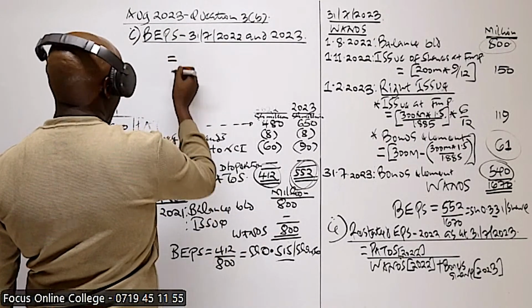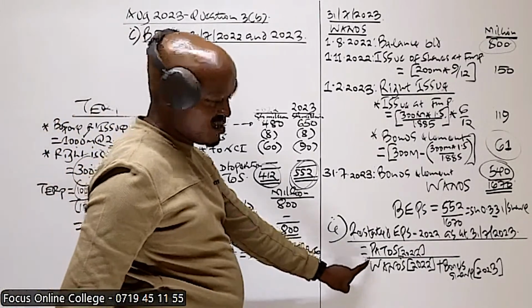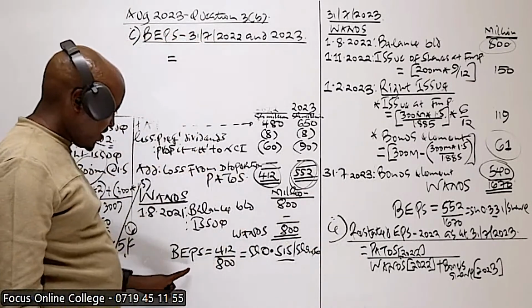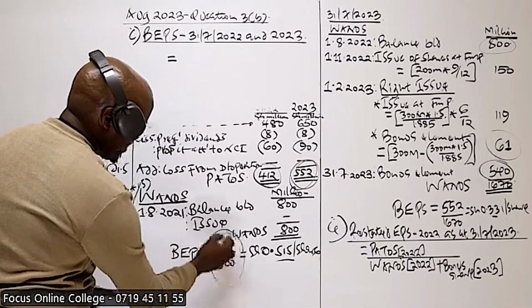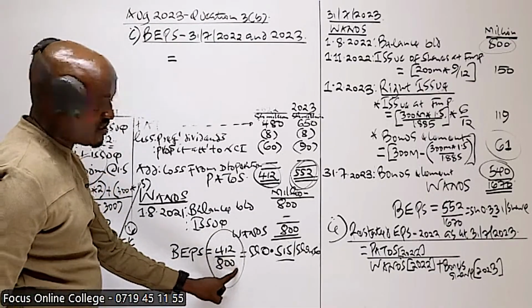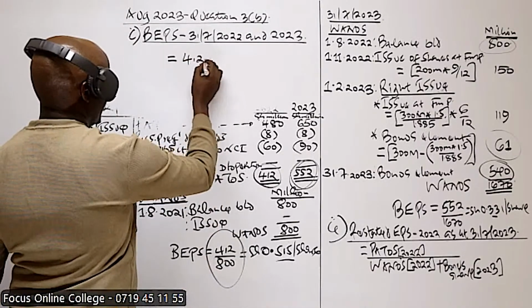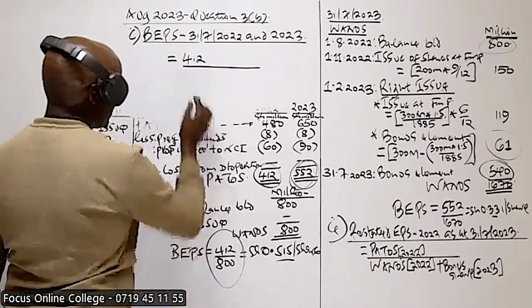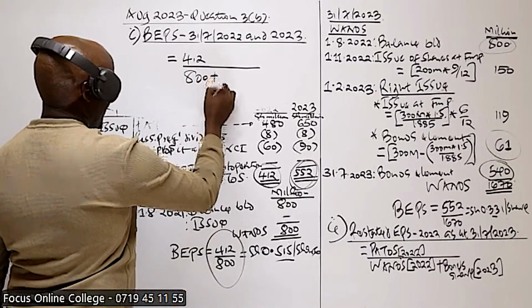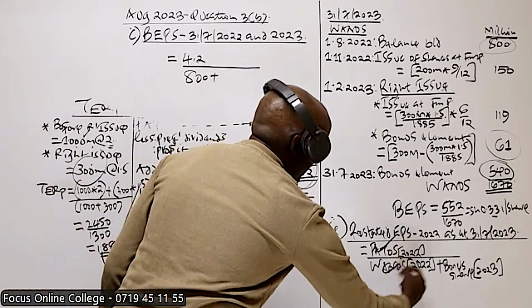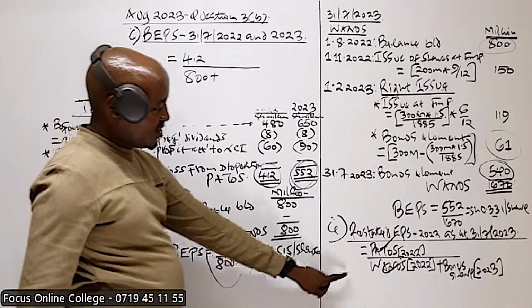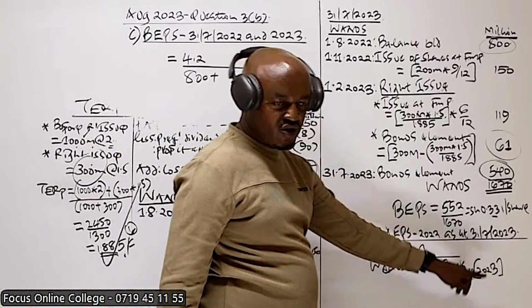So for the restated earnings per share, we will take the PATOS for 2022. We have those values here. This is basically the PATOS, the 1/0 for 2022. So the PATOS for 2022 is 412. The 1/0 for 2022 is 800. And then to this, we need to add the bonus shares which were issued during the current year.